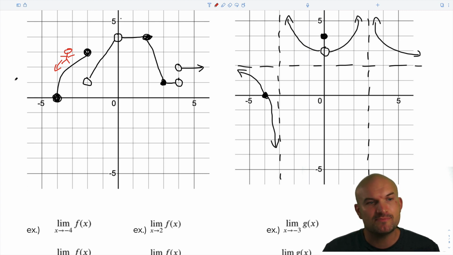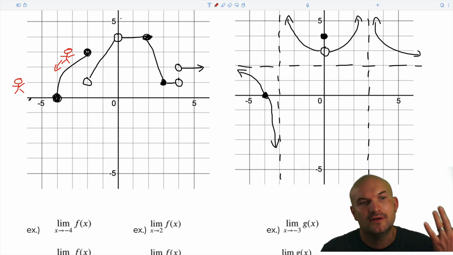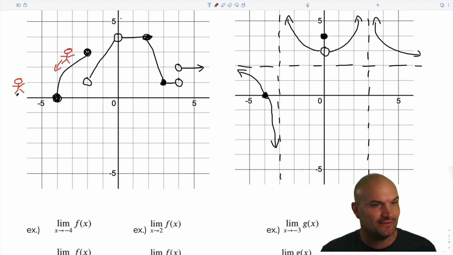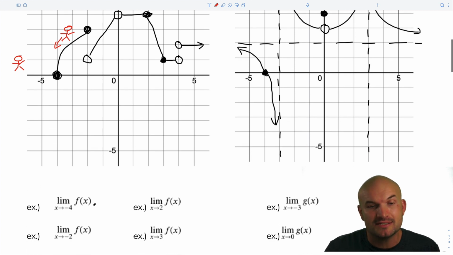And what about the person on the left? Well, the confusing thing here is they're not approaching anything because there's not even a graph there. This person would fall down to the hot lava or whatever. So since we're not approaching the same value from the left and from the right, this is an example of a limit that does not exist.